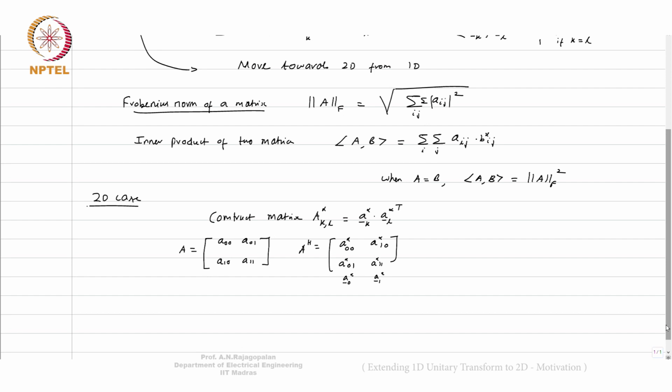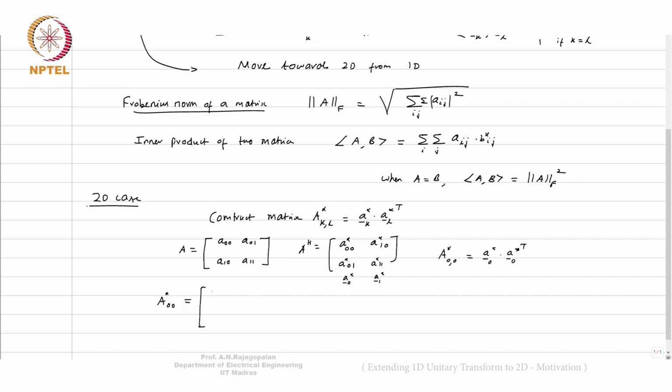So let's look at A star. If I look at A star 0,0, that is A0 star times A0 star transpose, a complex A0 star transpose. What this means is: take this vector and multiply it with its own row version.